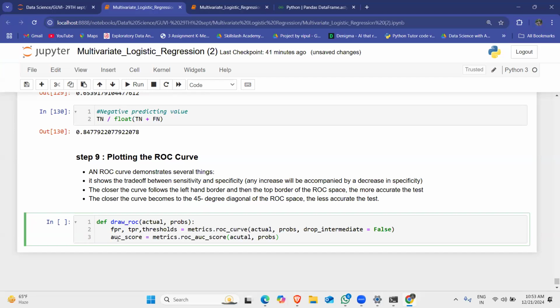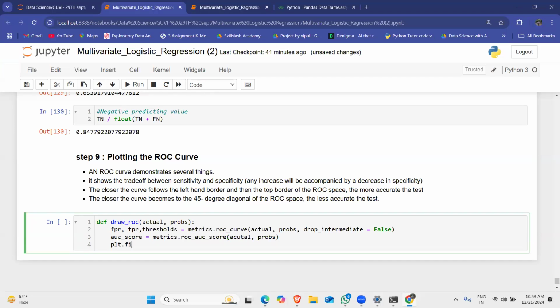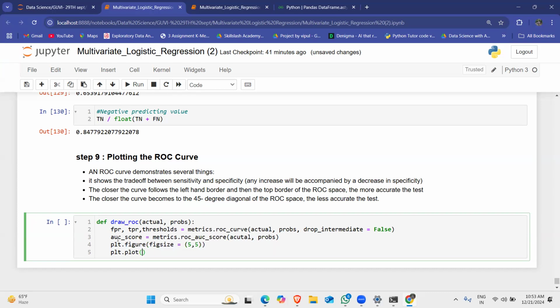And I will plot the figure, plt dot figure. In that, I'm setting a figure size equal to 5, 5. plt dot plot false positive rate, true positive rate.